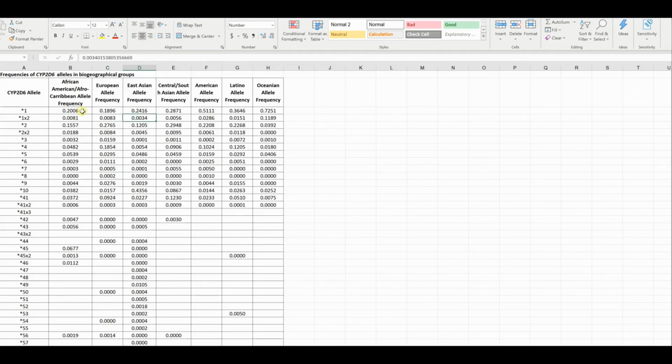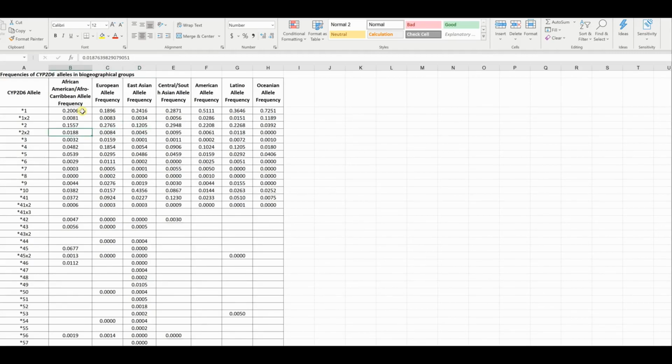In that 20-ish range. For star 1 times 2 duplication, they all have very low frequencies. And then we start to see some differences for star 2. You can see it's about 15% for African Americans. For European Americans, it's nearing 30%. And then East Asians tend to have a similar frequency, about 12%.